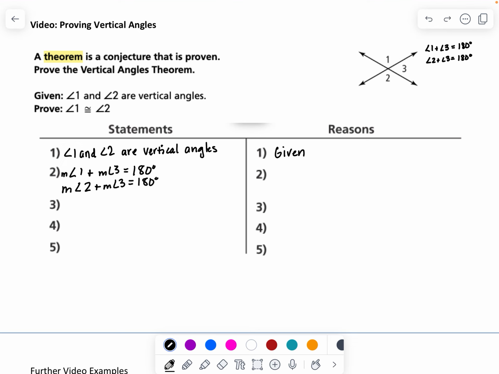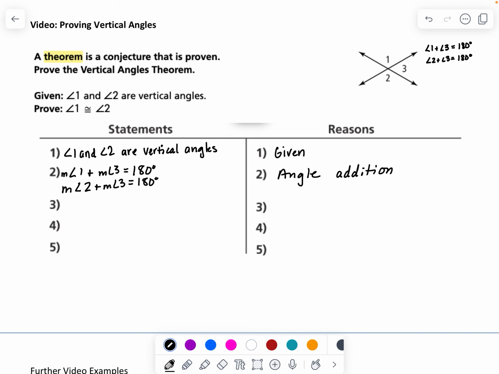That would be segment addition. Or not segment. Oh, angle addition. My words, angle addition. There we go. Angle addition.